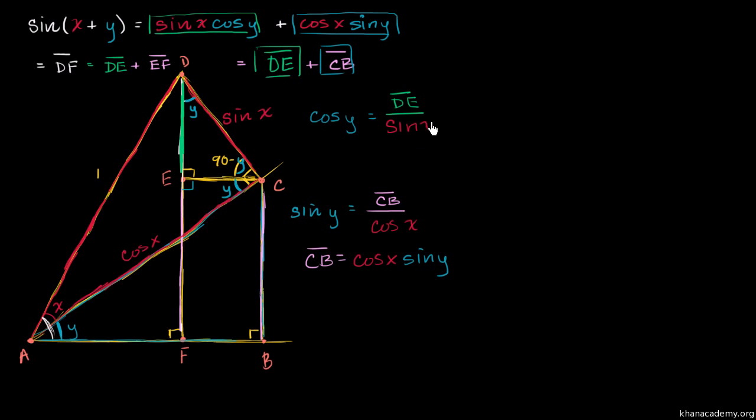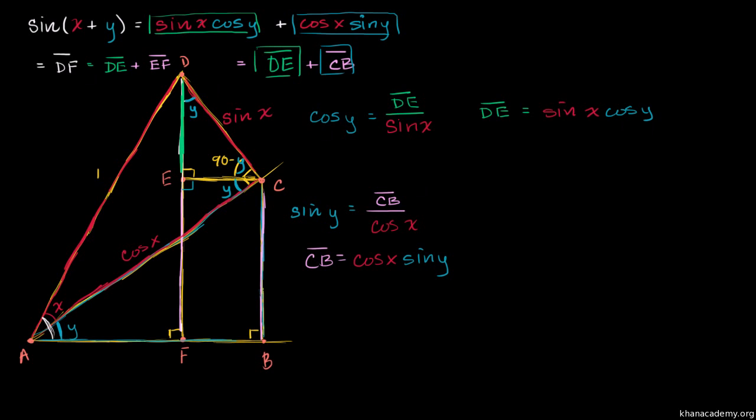And you should be getting excited right about now because if we multiply both sides by sine of x, we've just shown that DE is equal to sine of x times cosine of y.